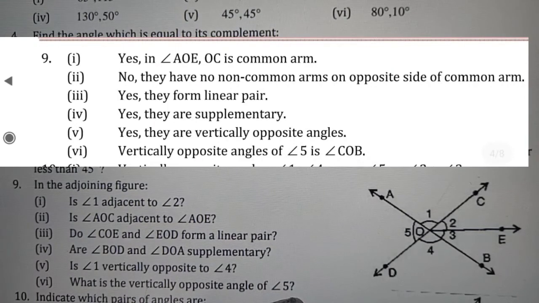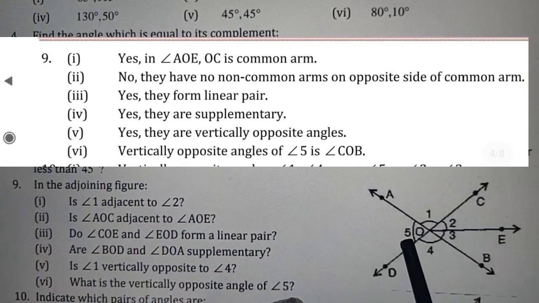Now question number 5. Is angle 1 vertically opposite to angle 4? Yes, they are vertically opposite angles. What are vertically opposite angles? When two lines intersect each other, these angles are vertically opposite angles. Next, what is the vertically opposite angle of 5?